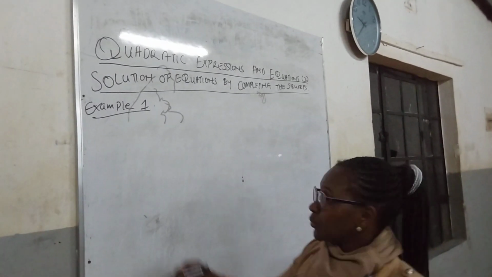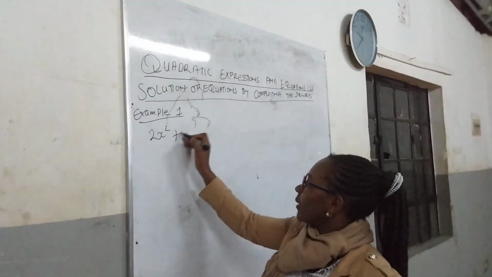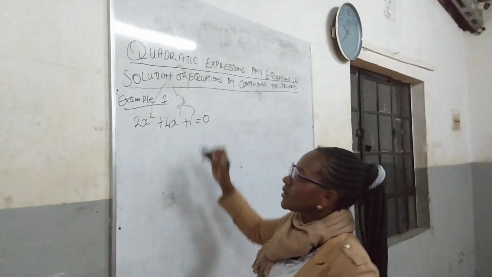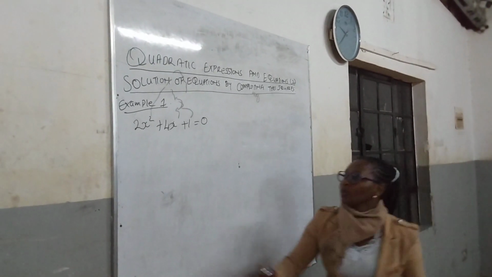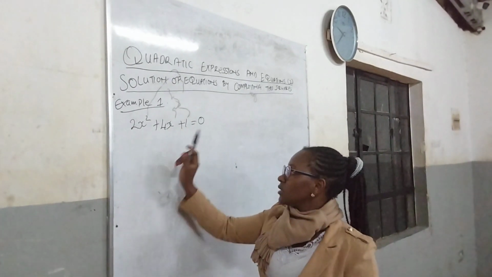So our first example for today is 2x squared plus 4x plus 1 is equal to 0. As we had agreed earlier, we ensure that the coefficient of x squared is 1.